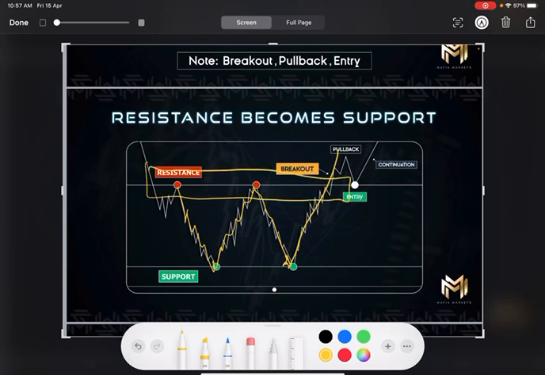When this happens, you will anticipate a pullback. Price will want to return. Why? Because there are orders over here to collect. Once the price returns, you will foresee the price continuation in a move upwards.